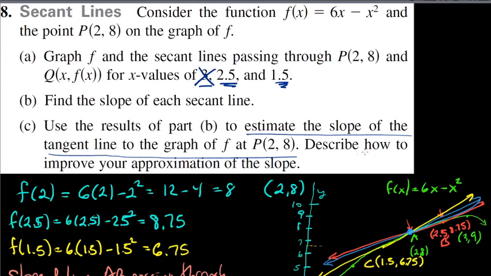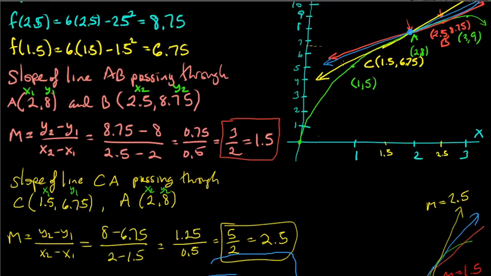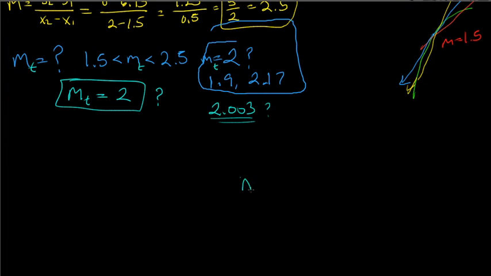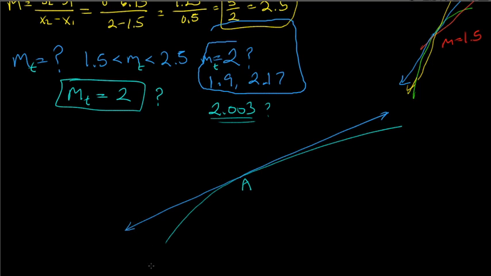Okay. So describe how to improve the approximation. Well, you kind of have to zoom in on this point here. If I zoomed in, if this is point A, and the graph looked like this, we're looking for the slope of the tangent line at that point. And remember, way down here is point B, so here's the secant line from B to A. Oh, I'm sorry, this was point C. B was the red point way over here.